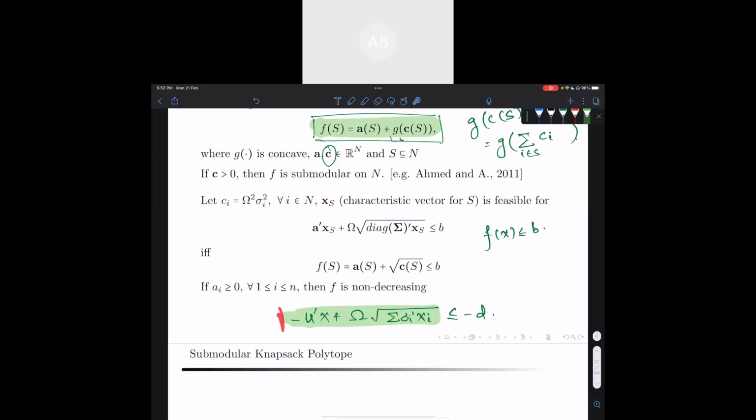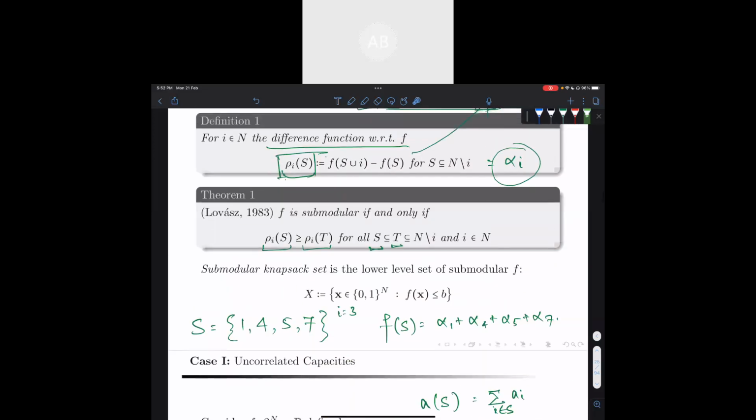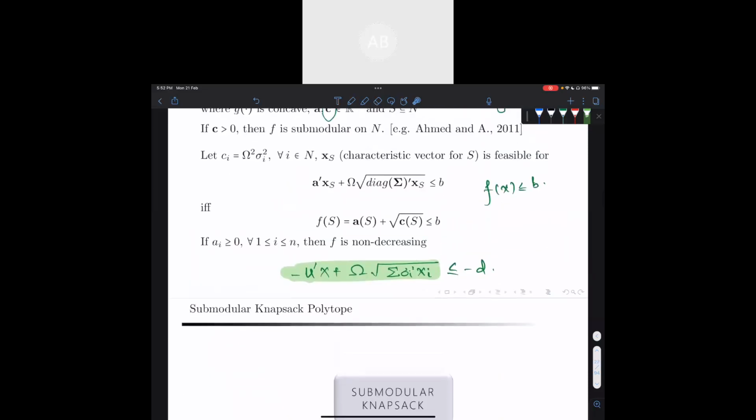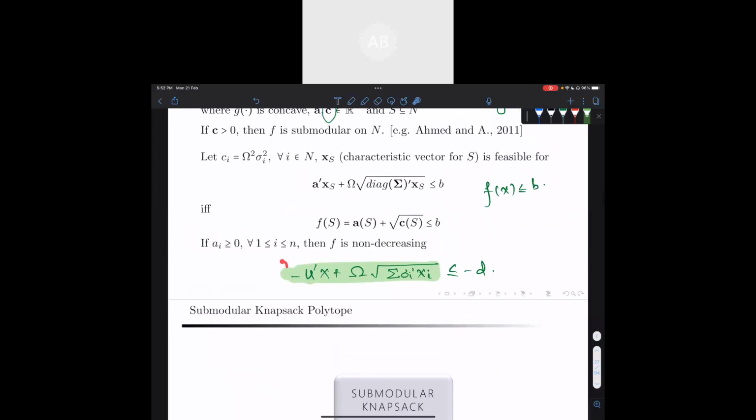So now we know that this function is a submodular function, and this set is a submodular knapsack set. So at least we found something combinatorially interesting about the set that we were considering: it's a submodular knapsack set.